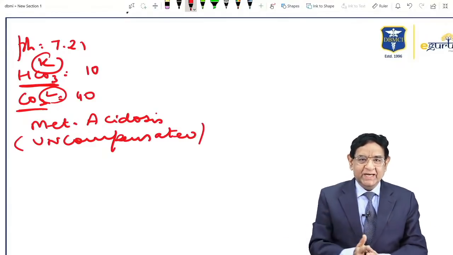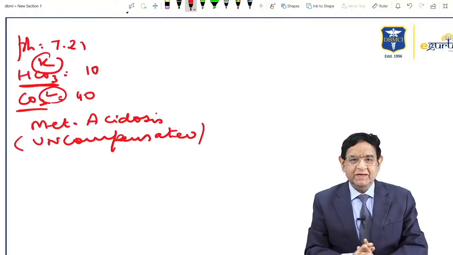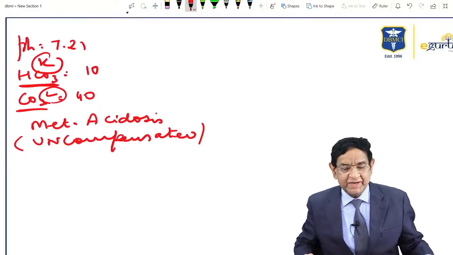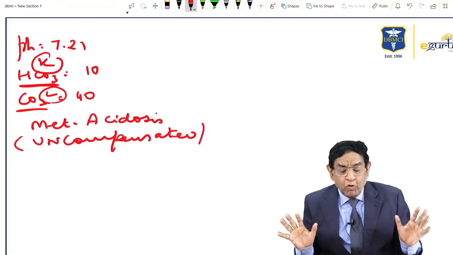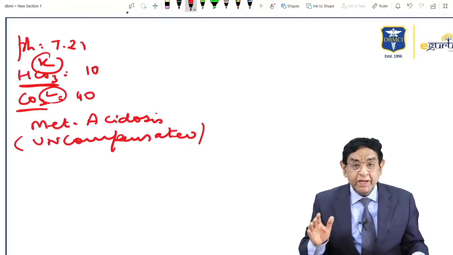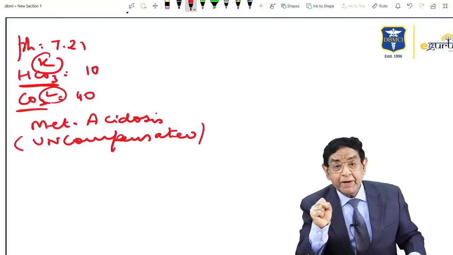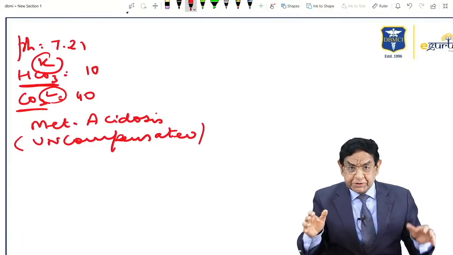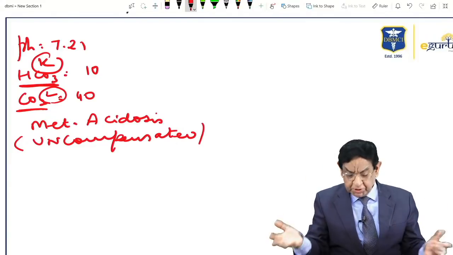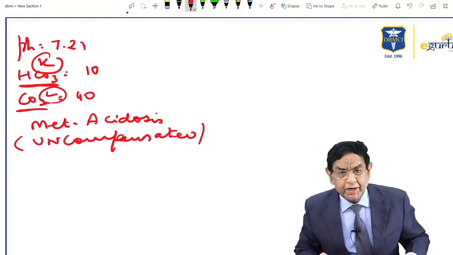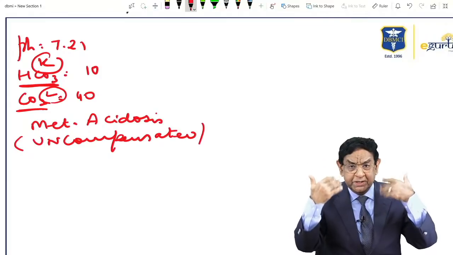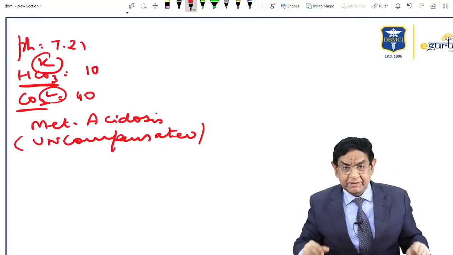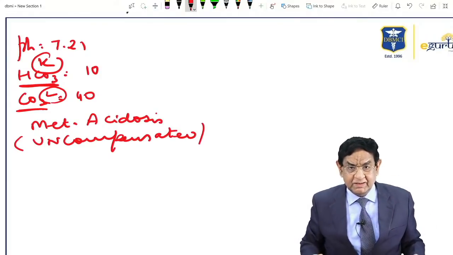Anyway, now the lung says to kidney, and my friend kidney, how are you? Kidney says, oh, very bad, very bad. Lung says, what happened? Kidney says, metabolic acidosis, pH 7.21, bicarb 10. Kidney is weeping, tears in the eyes.